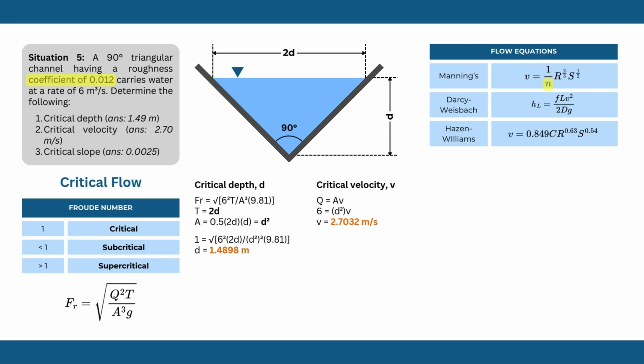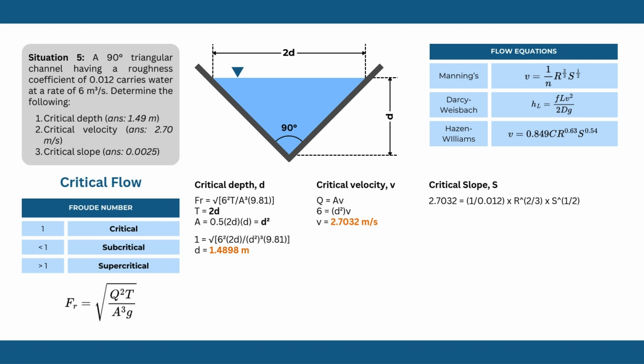Therefore, for this case, ang gagamitin natin na formula is yung Manning's equation. So moving forward, plug na natin yung present values sa formula natin. V is the velocity, wherein yung nasolve natin kanina yung gagamitin para critical value din ng slope makuha natin. And n equal to 0.012.